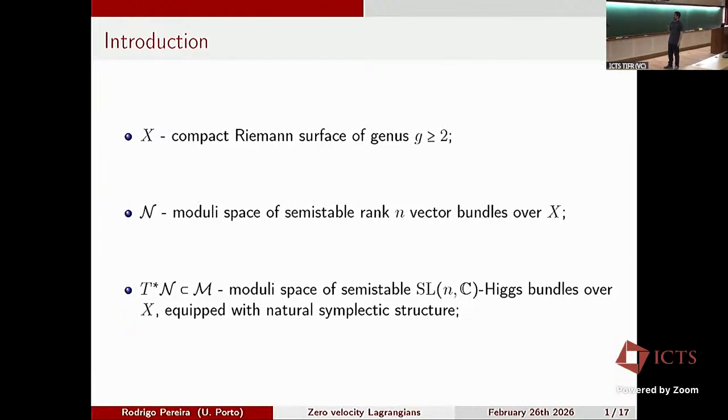You have your moduli of vector bundles over the surface, and you have your moduli of, I will consider just SL_n(C) Higgs bundles over your surface, which inherits a natural symplectic structure from the fact that you can put the cotangent of the moduli of bundles as an open dense set inside it.